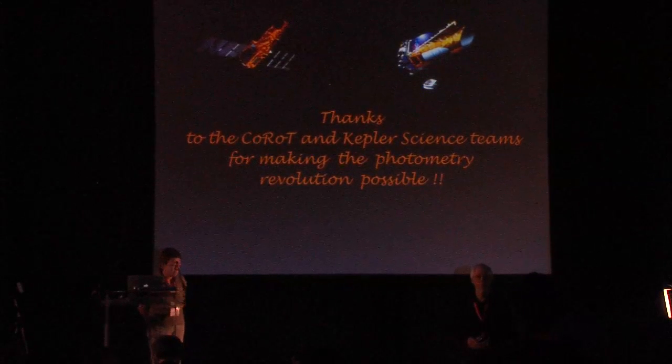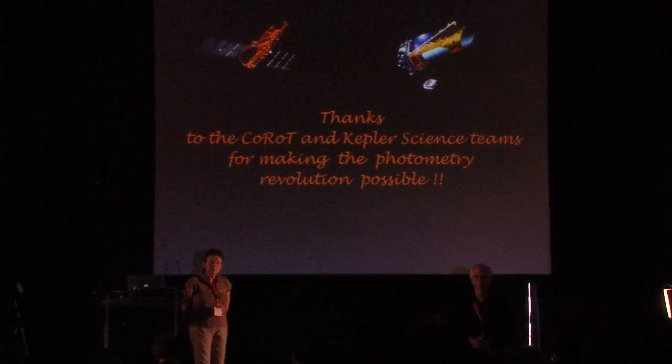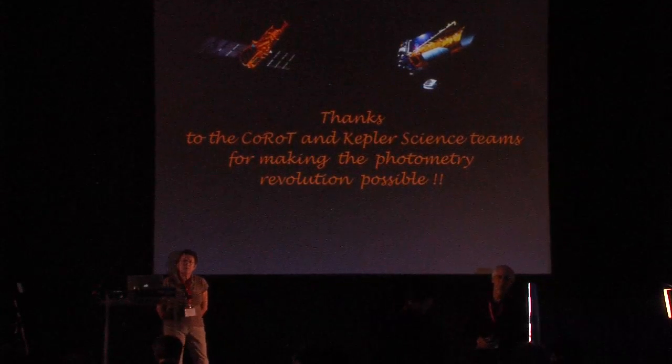But you expect it to be slow rotating from V sin i? The V sin i is sometimes kilometers per second. I don't remember exactly the figure, but yes, of course you get it from spectroscopy. But in the frequency analysis, we did not find the splitting due to rotation.